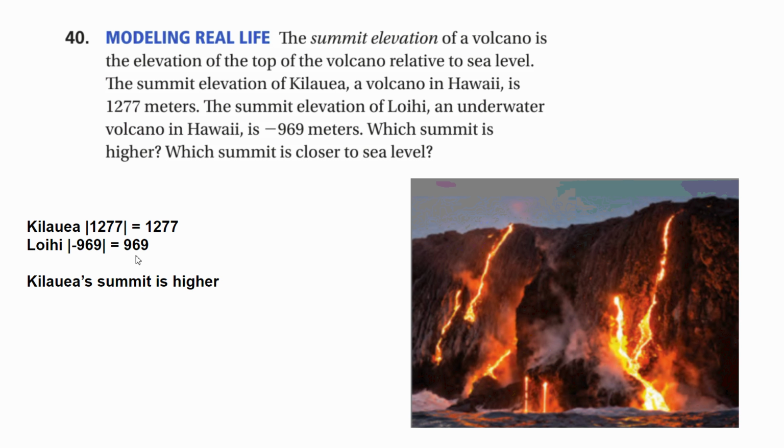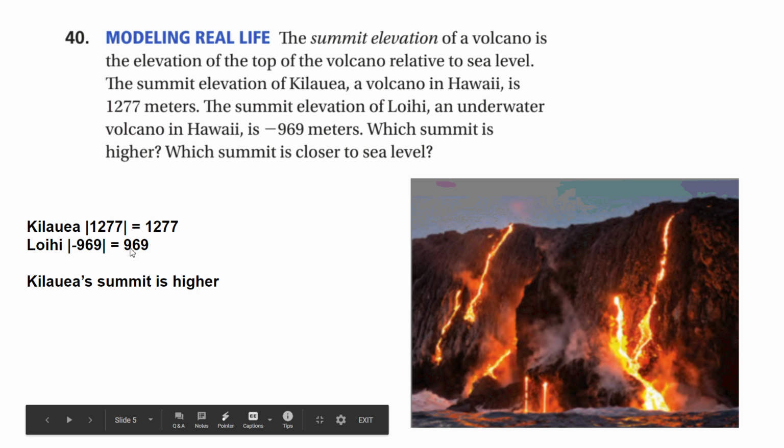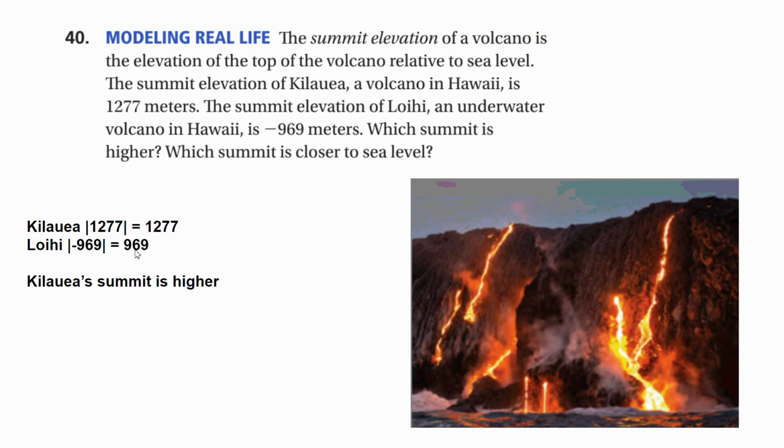So the distance from there to sea level, because it's underneath the water, would be just 969. Absolute value just deals with how distant it is from zero. So that would be 969 meters. So which one is higher? Well, of course, the larger number would be higher because it has the higher absolute value. So Kilauea's summit is higher.